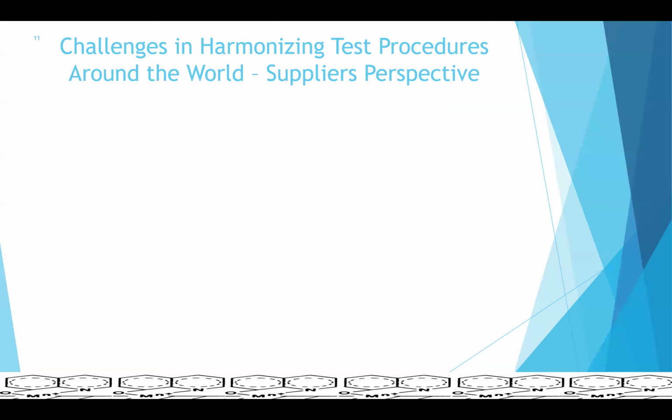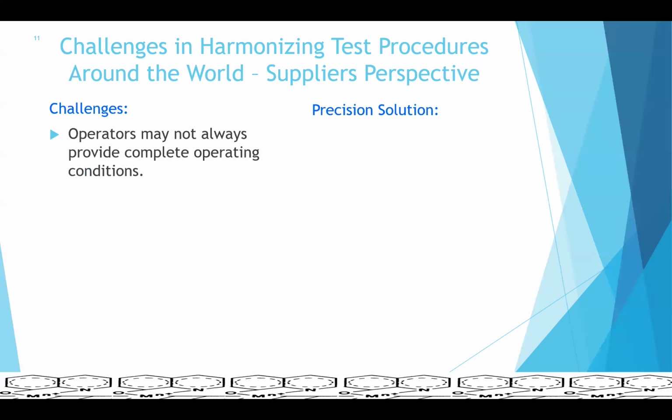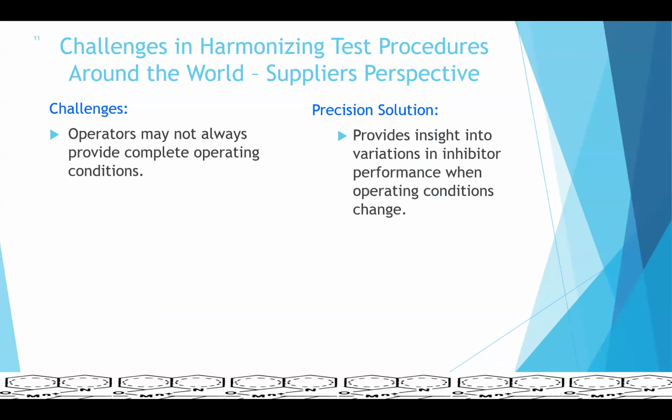Now let us see the challenges from the supplier's perspective. Suppliers live on inhibitors for a long period of time, but their main challenge is that sometimes the operators may not provide complete operating conditions. Yes, that is true. But if you have precision, then you can at least establish how the inhibitor performance will be within the operating envelope.